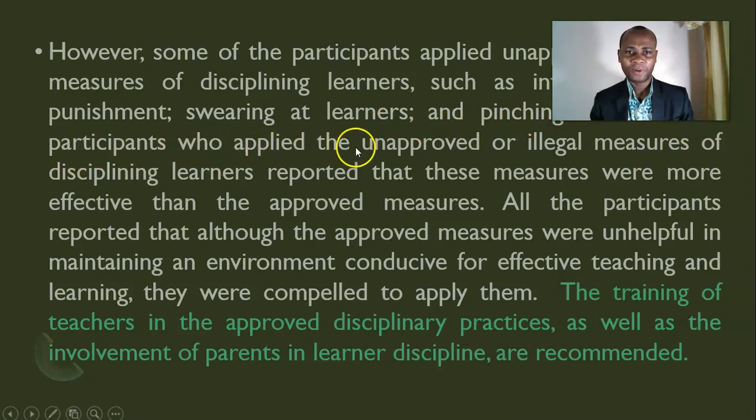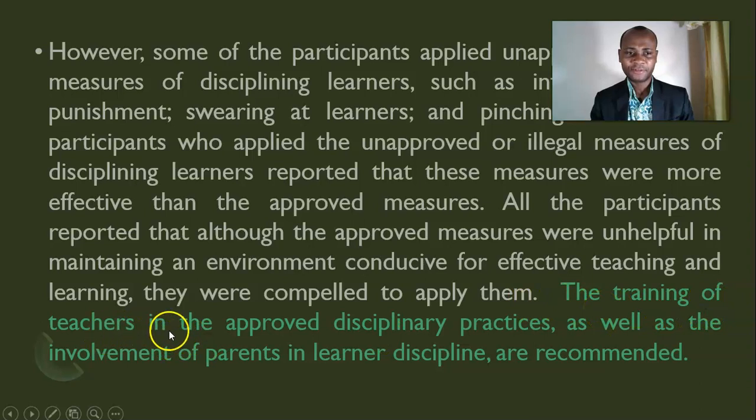The participants who applied the unapproved or illegal measures of disciplining learners reported that these measures were more effective than the approved measures. All the participants reported that the approved measures were unhelpful in maintaining an environment conducive for effective teaching and learning. They were compelled to apply them.